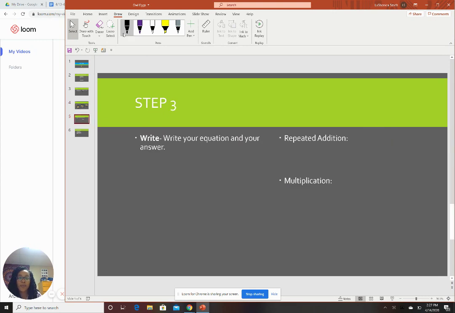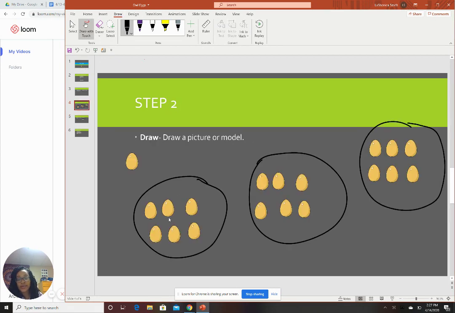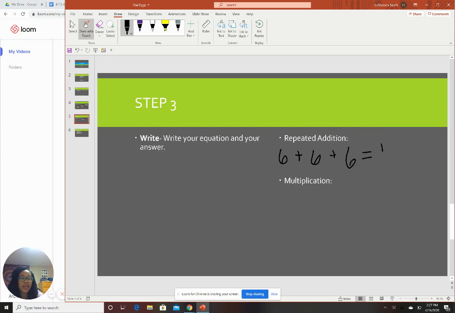So if I go back, my repeated addition will be 6 plus 6 plus 6 equals, and we're going to count our picture to see how many it equals, okay? Let's go. 1, 2, 3, 4, 5, 6, 7, 8, 9, 10, 11, 12, 13, 14, 15, 16, 17, 18. So it equals 18.